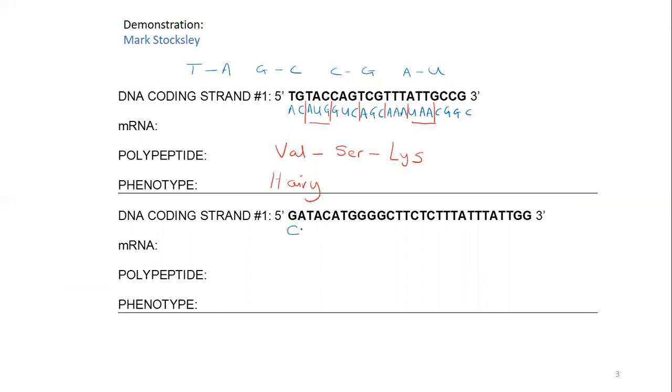So this one's going to be C, U, A, U, G, U, A, C, C, C, C, G, A, G, A, G, A, U, A. This is a long one. U, A, C, C. Okay, so I'm almost as quick as RNA polymerase. So that's the answer to our mRNA.